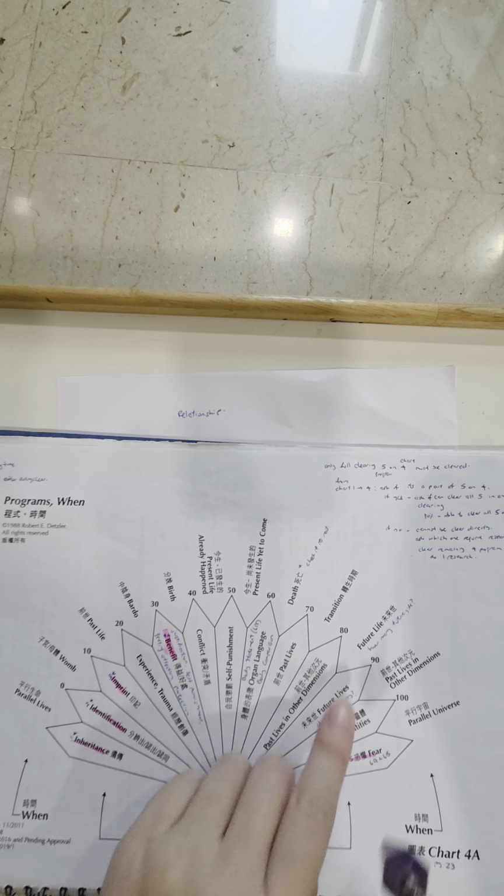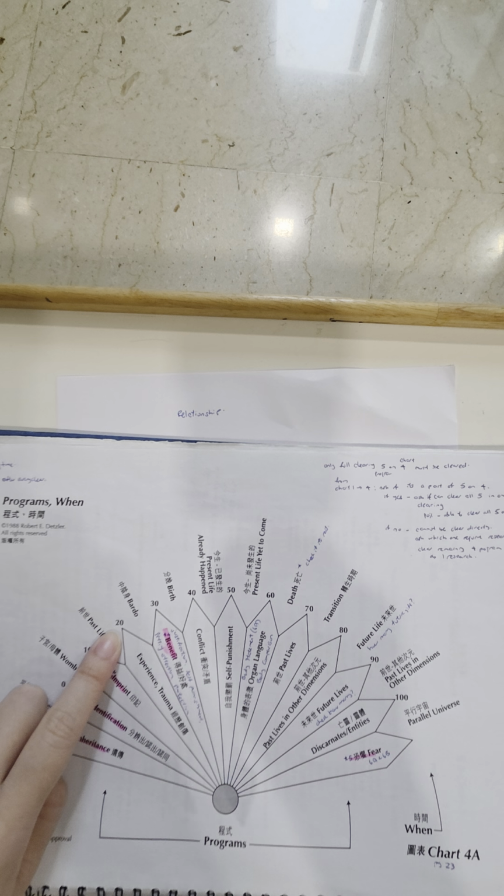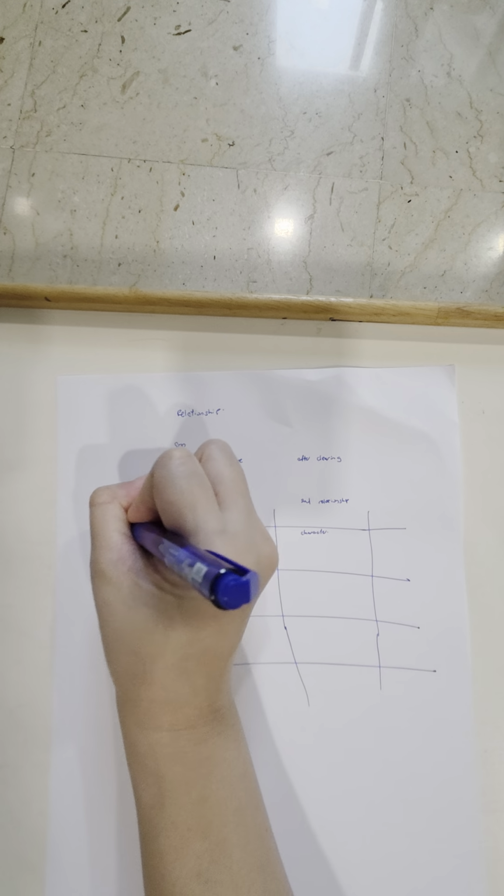It's pointing to future lives. So I'll ask how many future lives? I can ask how many digits? One digit. Okay, please show how many future lives. Two future lives. So I'll just write here two future lives.